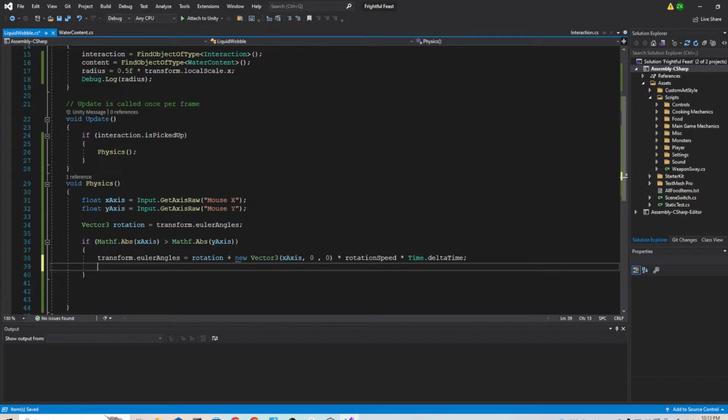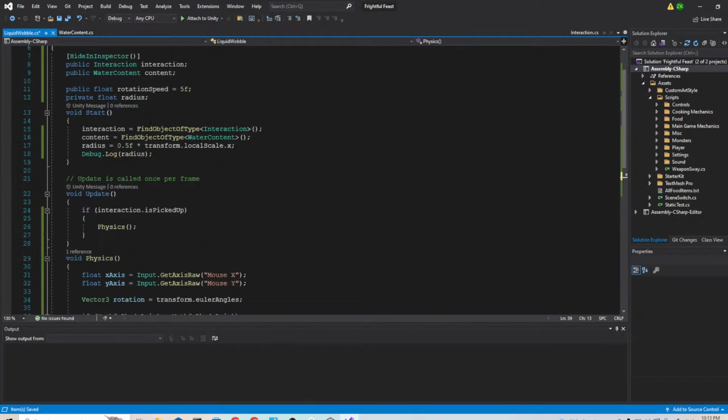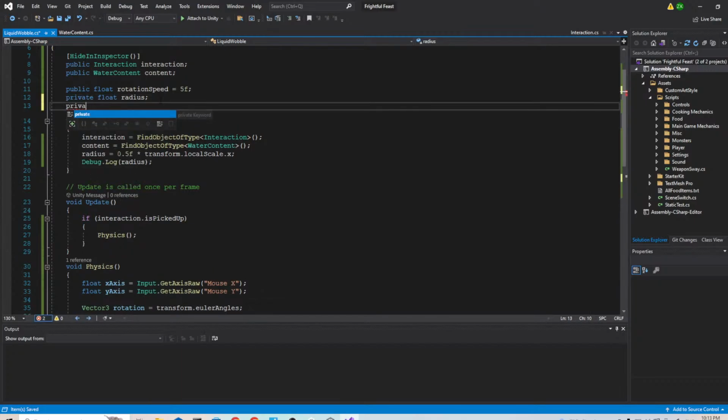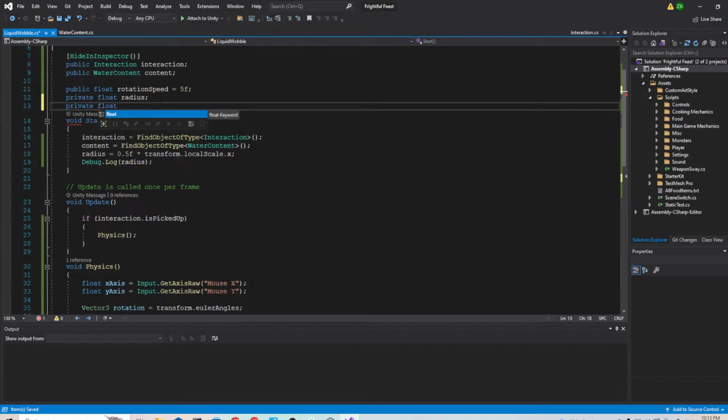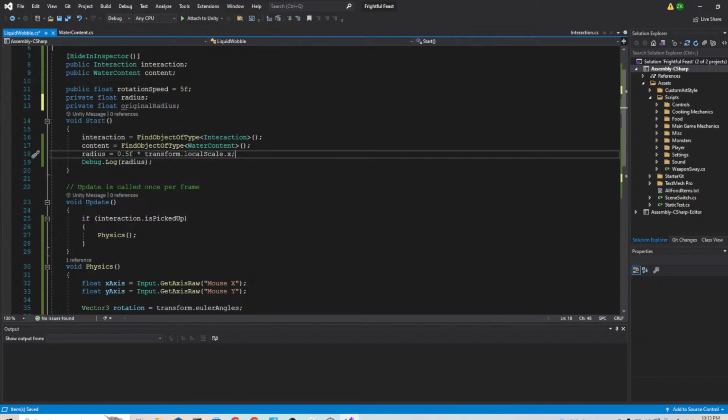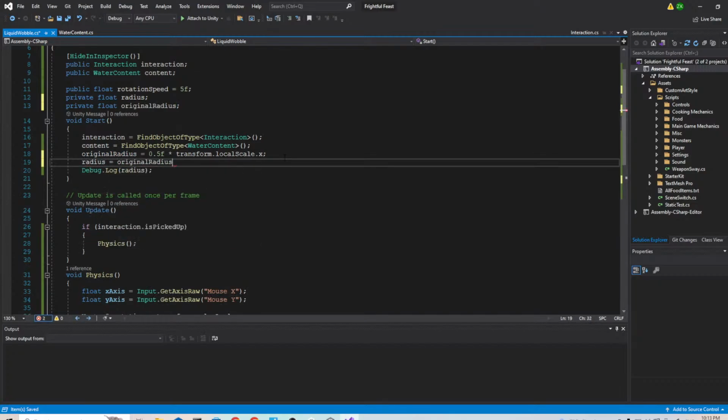So if we get the radius, wait, no, we need the radius and a private float. Original radius, because that's how we're going to do the trig. Okay, so we'll set original radius to this, and then the normal radius will be equal to original radius.